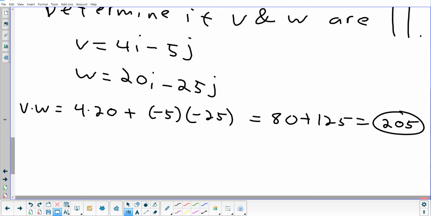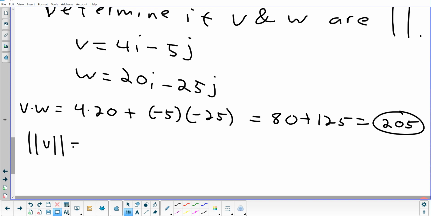205. Okay. So at least I know what I'm hoping for. I'm hoping if they're parallel that I get a denominator of 205. Well, normally I would say it either has to be the same or be the opposite. But think about what we're finding in the denominator. You're finding the magnitudes. Magnitudes are always going to be positive. So either the denominator comes out to 205 or they're not parallel. Okay. So let's see what happens.